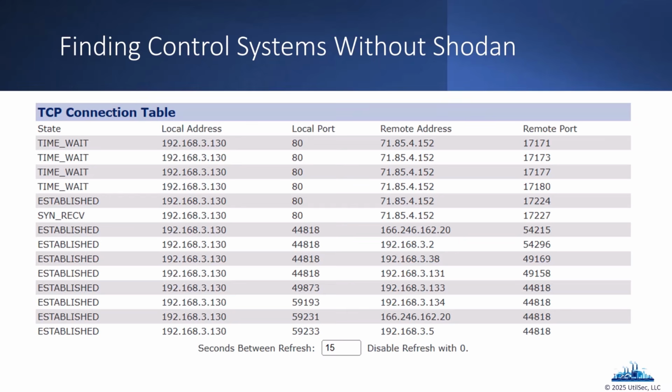If I remember, when I was looking at this one example, and you'll walk through this in the lab, that remote address, 71.85.4.152, yeah, that's me. But then if you also look at the local port, 44818, that's for CIP or EtherNet/IP. That's the main protocol that Rockwell PLCs talk, which is the type of PLC that we're looking at.